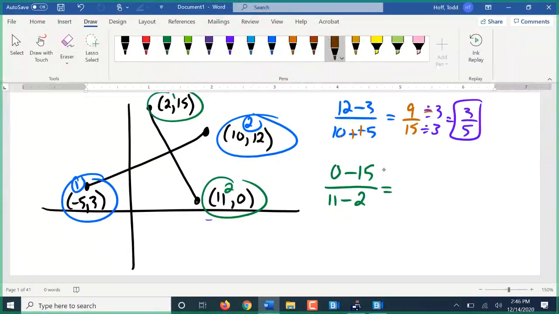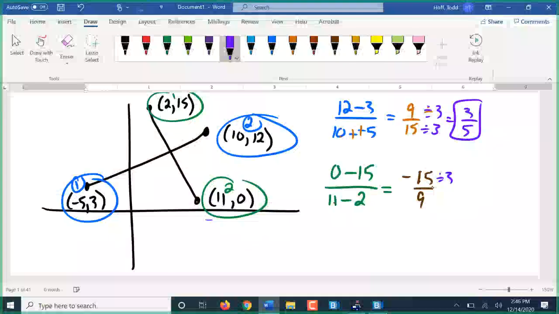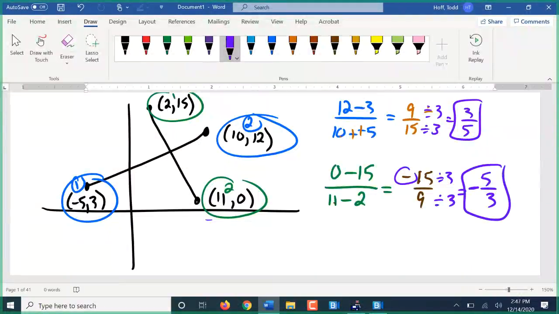That gives me 0 minus 15 is negative 15. 11 minus 2 is 9. Both of those numbers divide by 3. 15 divided by 3 is 5. 9 divided by 3 is 3. And I have the negative which goes in front. So 3/5 is the reciprocal of 5 over 3. Also, they're opposites. 3/5 is positive. Negative 5/3 is negative. So those are perpendicular.